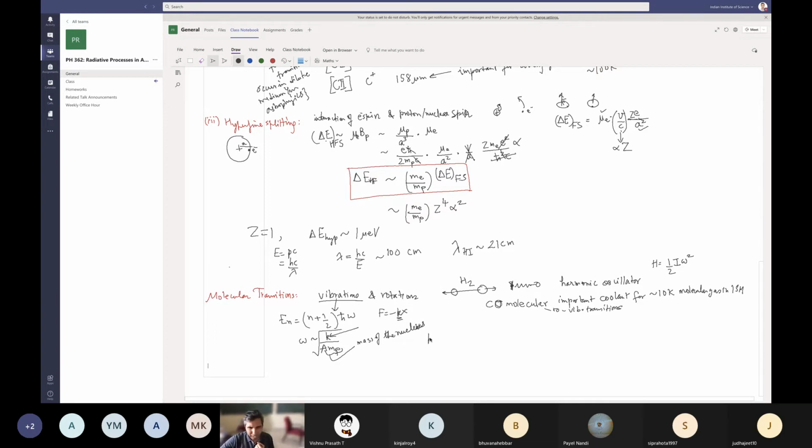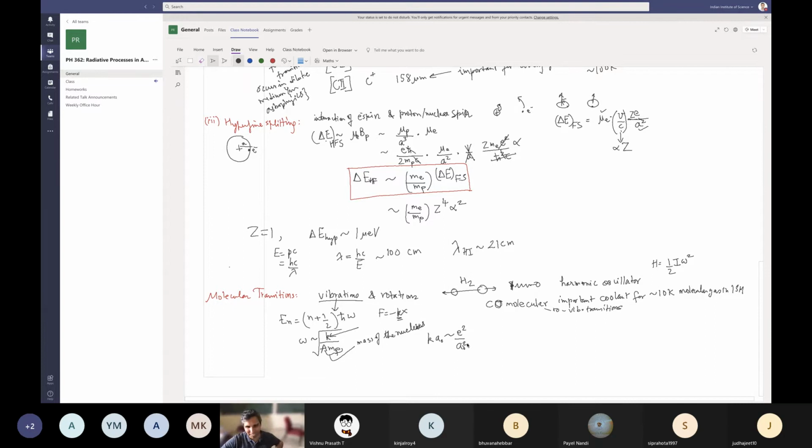So k a naught. A naught is the size of displacement. The separation of atoms in a molecule is of order the Bohr radius. That sets the scale for separation between atoms in a molecule. So we have k a naught, which is of order e squared by a naught squared.